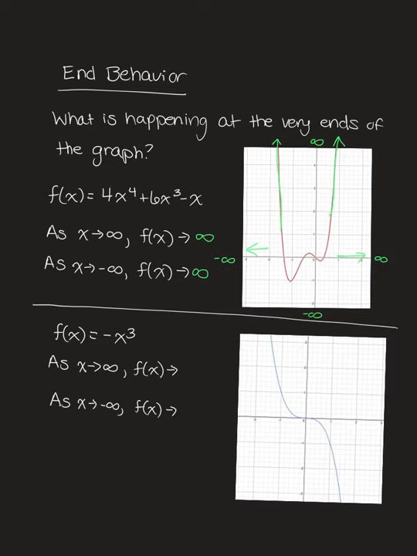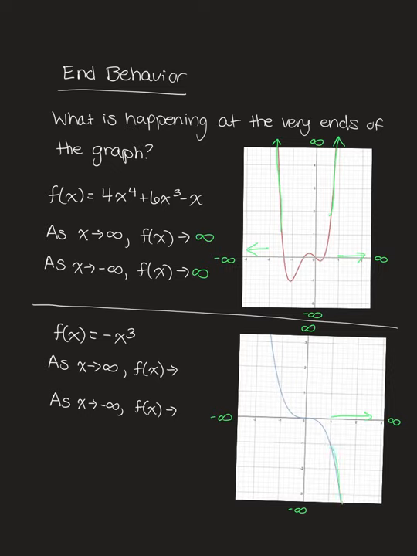Let's look at the next one. We have f of x is equal to negative x cubed. Negative x cubed looks like just normal x cubed, except it's flipped over, all right? So again, over here we have positive infinity, negative infinity, and positive infinity. As x goes to positive infinity, so as we look to the right, where is the graph going?